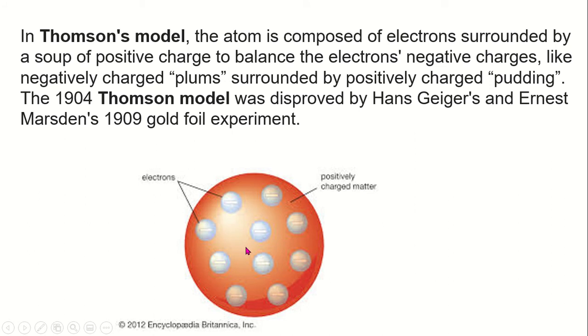The whole positive charge of the atom is equal to the negative charge, so the atom is electrically neutral. And Thomson said the electrons are confined within a spherical atom of radius 1 angstrom, that means 10 to the power minus 10 meter.